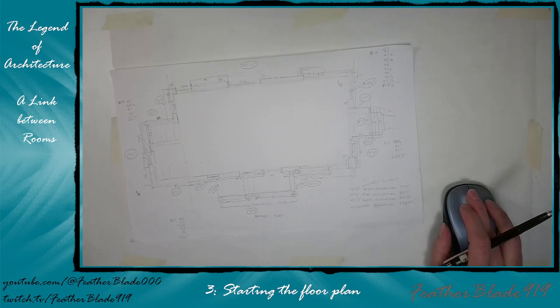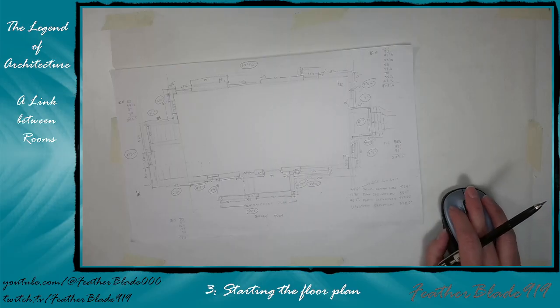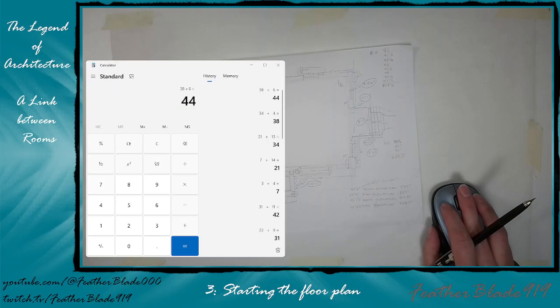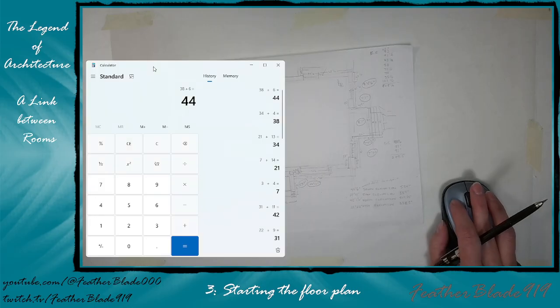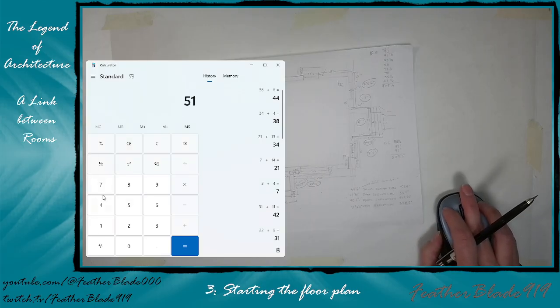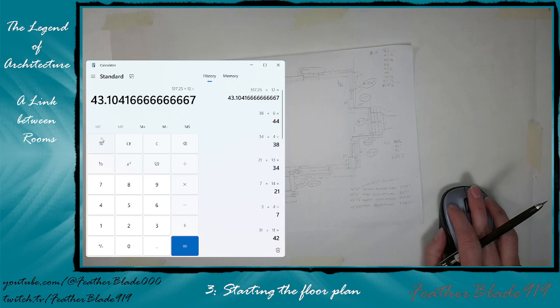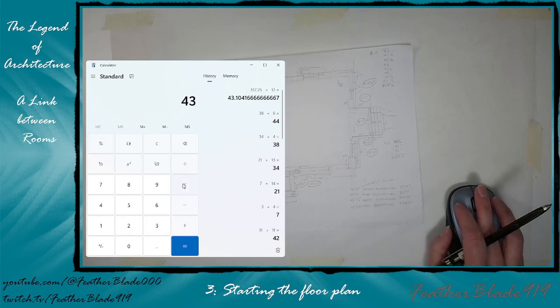As a side note, the best way that I have found to calculate feet from inches on a standard calculator is this. Take the number of inches and divide it by 12. This will give you the number of feet plus an entirely unhelpful decimal remainder. Ignore the decimal remainder for the moment. Take the resulting number of feet and multiply it by 12.